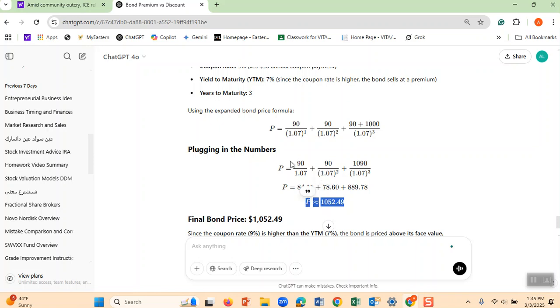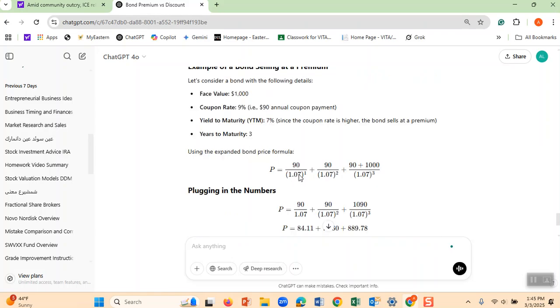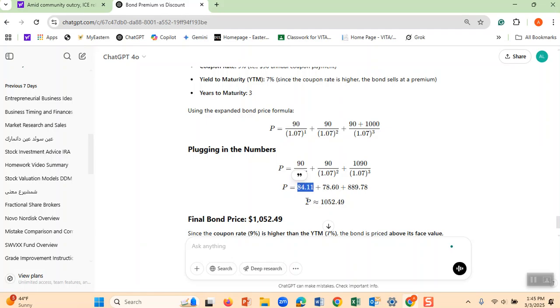drops also. However, if the interest rates drop, here we said the interest rate is at 7%. If it drops to, say, 3%, then this number here will be a bigger number, which means instead of 84, it might be 88. Then the price of the bond will increase. Why does the price increase?